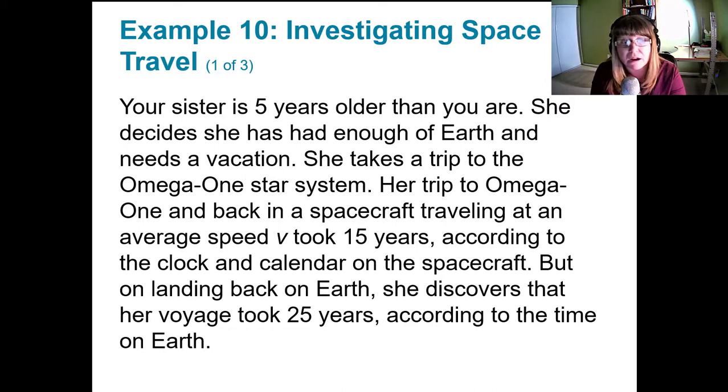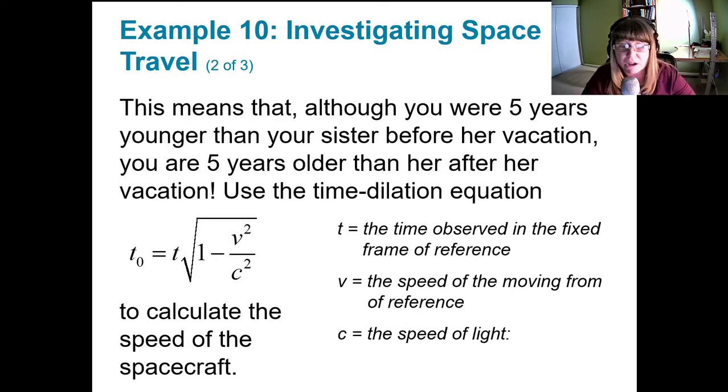But on landing back on Earth, she discovers that her voyage took 25 years according to the time on Earth. So according to her, in the spacecraft, it only took 15 years, but in Earth time, it took 25 years. This means although you were 5 years younger than your sister before her vacation, you are now 5 years older than her after her vacation.